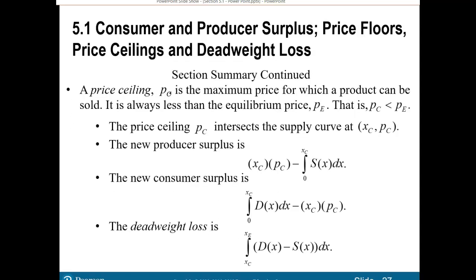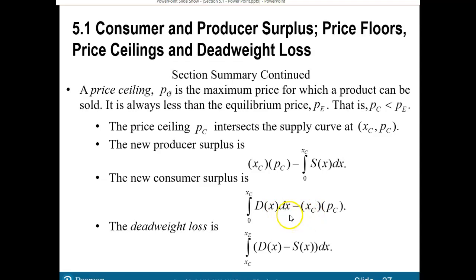Price ceiling is the max price for which a product can be sold. It's always less than the equilibrium price. The price ceiling intersects the supply curve at this ordered pair. To find new producer surplus, we just do the same producer surplus calculation with the new ordered pair. Consumer surplus, same thing.